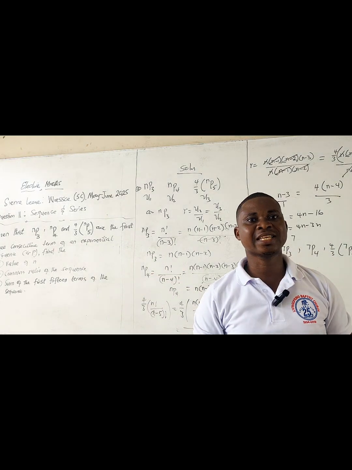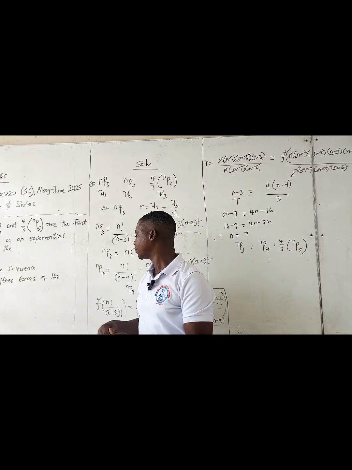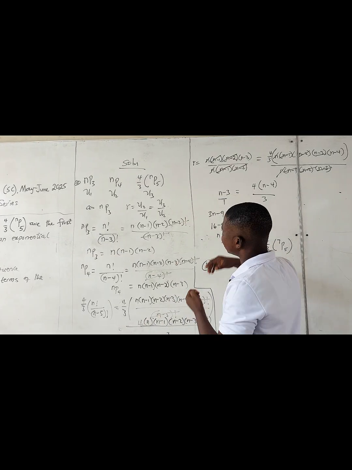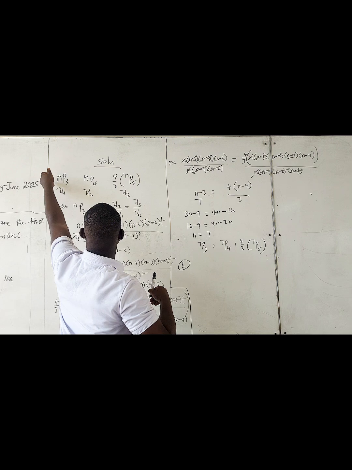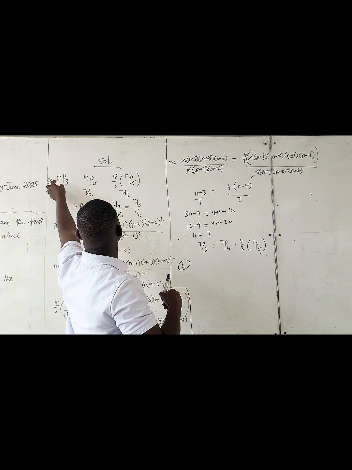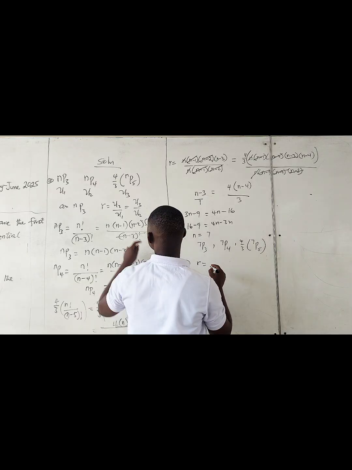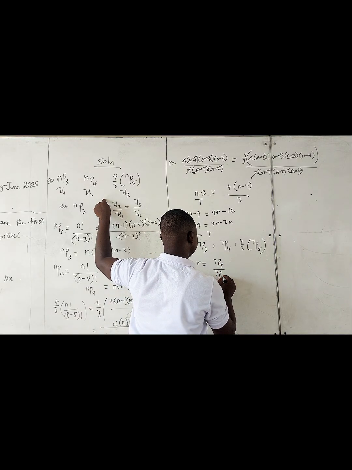Now the second question is asking us to find our common ratio. And we know our ratio, we are saying that we can use n permutation 4 over n permutation 3, which is the same as that. So r is equal to 7 permutation 4 divided by 7 permutation 3.